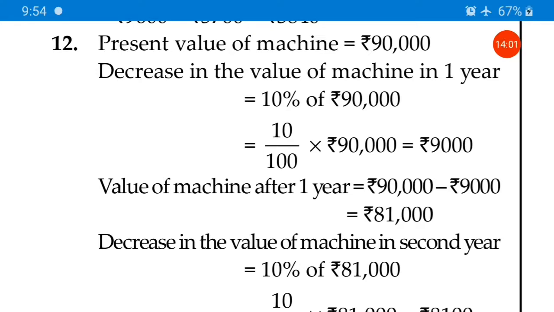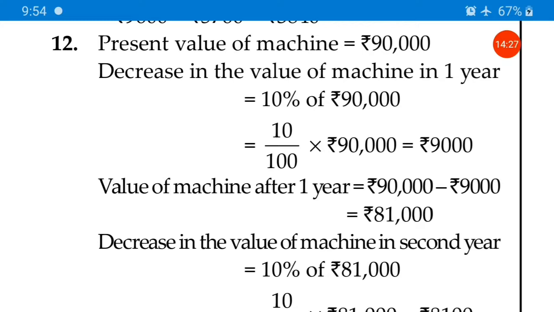Once again I am reading the question. The value of machine depreciates every year by 10%. If its present value is rupees 90,000, what will be its value after 2 years? So present value of the machine is 90,000. Decrease in the value of machine in the 1 year, that is 10%.